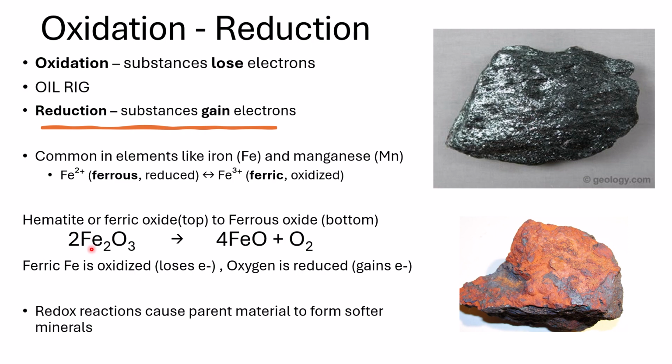And as it oxidizes, the iron loses electrons, then it turns into ferric oxide, which is this rusty look. And these redox reactions cause parent material to form softer minerals. That's why it's very important.